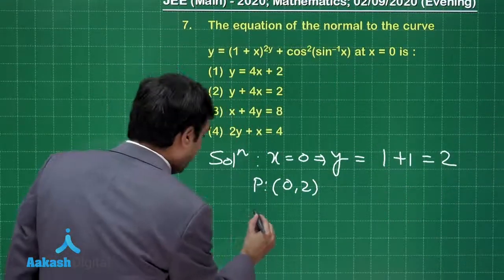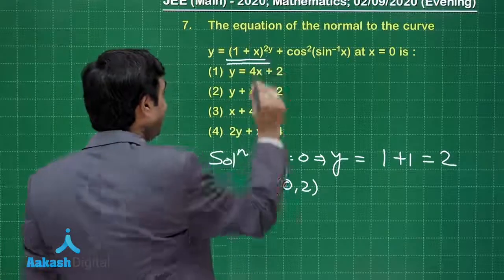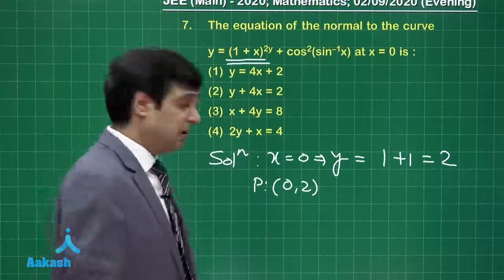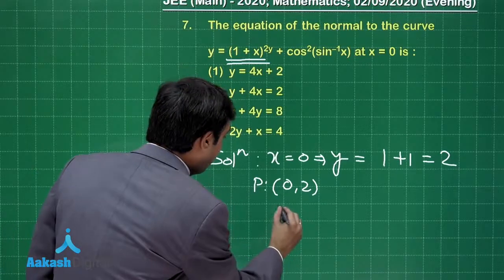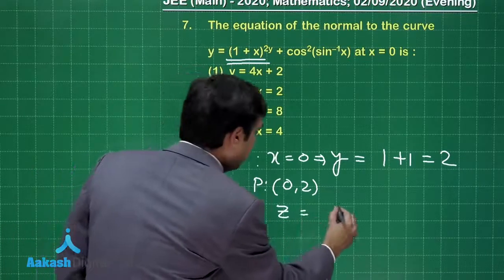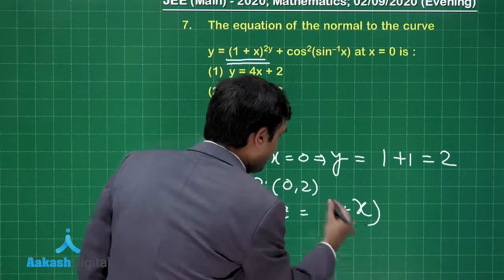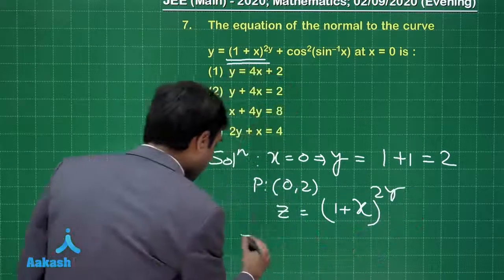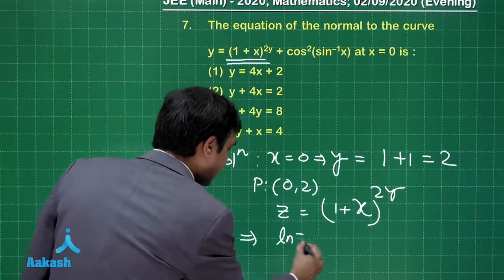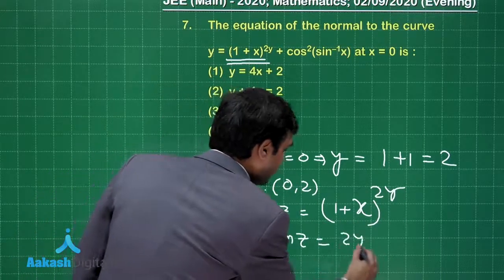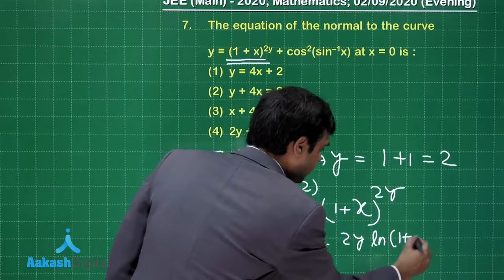Differentiating. When you plan to differentiate, you need to understand this has to be taken separately, right? Let's say we have z equal to (1 plus x) to the power 2y. Taking log, you have log z equal to 2y log(1 plus x).